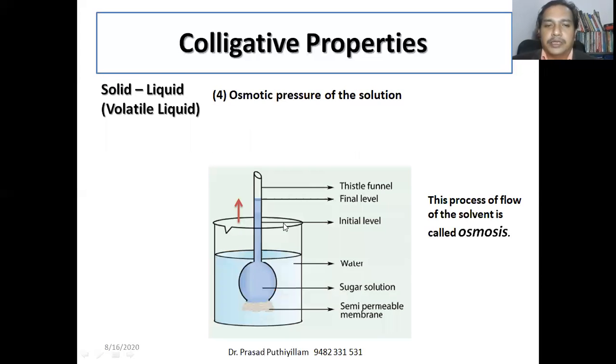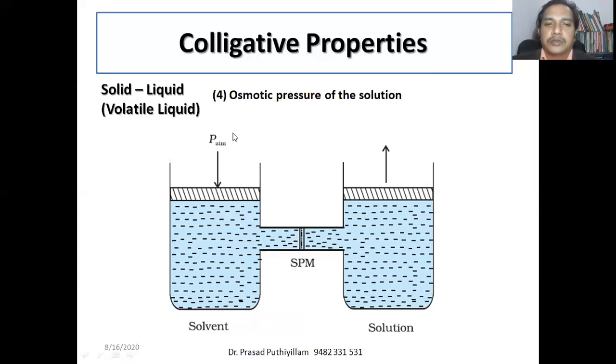The distance traveled is the height from the initial level to the final level. If the height is represented by h, then the osmotic pressure pi can be calculated as height into density into gravitational acceleration. That calculation I'm not giving here. Let us take two containers. One container is filled with a solvent, the other with a solution.